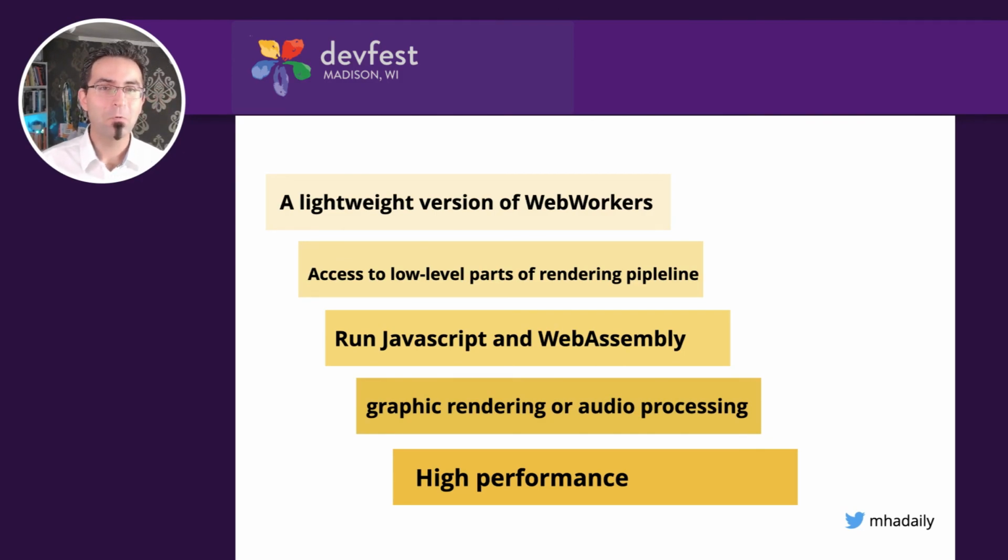That means I can actually paint or render something or process some audio without blocking my main thread, just by calling this API. Quite performant. You have very low-level access to the engine in the browser.